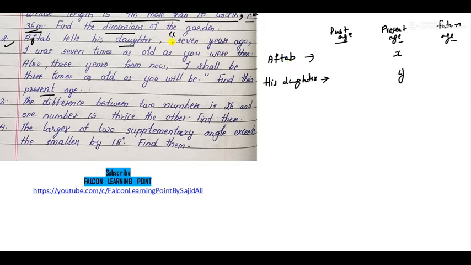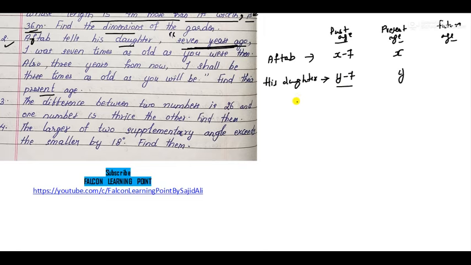Now read the question. He tells his daughter, 7 years ago. So if his present age is x, 7 years ago he will be x minus 7, right? And his daughter will be y minus 7. So this is their past age, 7 years ago. Next, he is saying, I was 7 times as old as you were then.